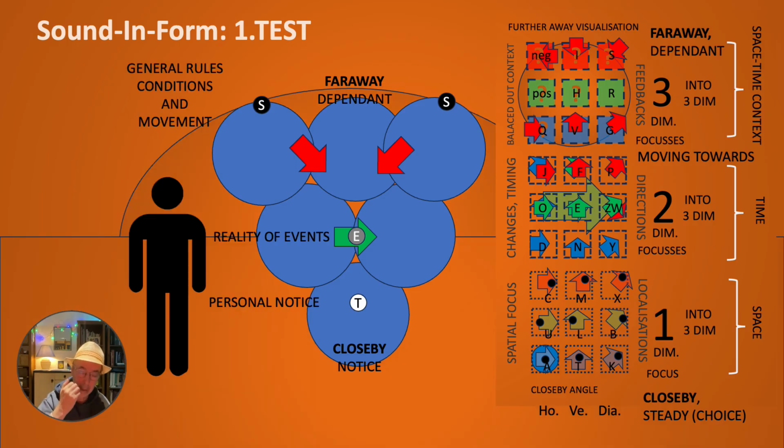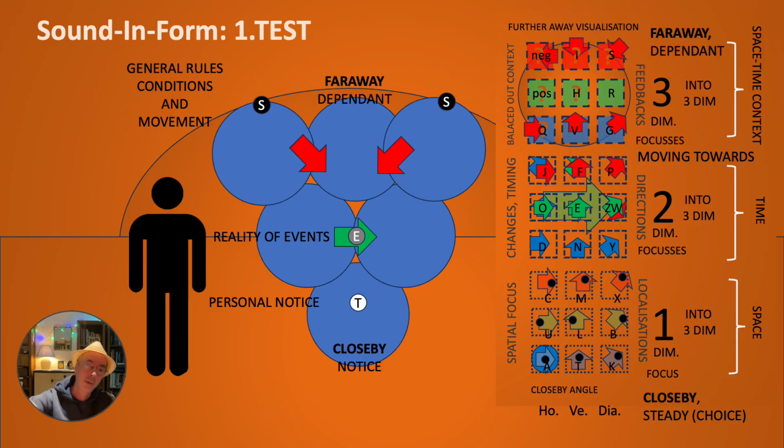So the reality is here with these letters in the first word test, we have actually a letter from the first category, which is close by, which is your personal notice in the T letter. You have a letter from the reality of events. That is all what is moving in time and so on. The real reality, what is really happening, what is changing, all these things are in between these two zones.